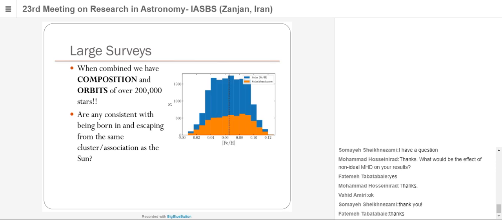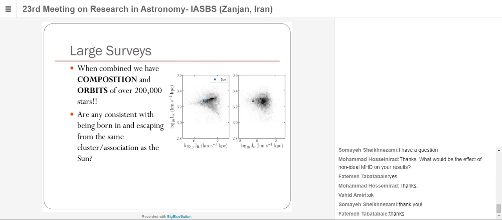But we have more information than just chemistry. You can look at the orbits of these individual stars. More specifically, we look at orbital actions. If you're not familiar with orbital actions, that's okay. I've changed my axis here to just show that you're probing either radial motion, motion away from the disk, or motion around the galactic center.